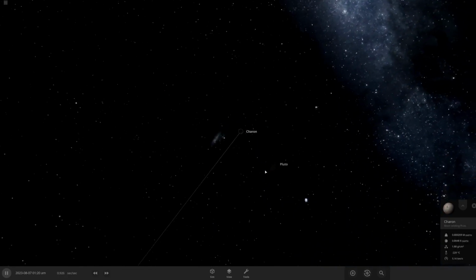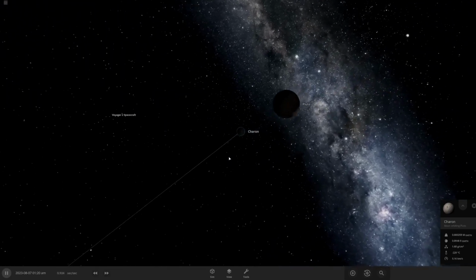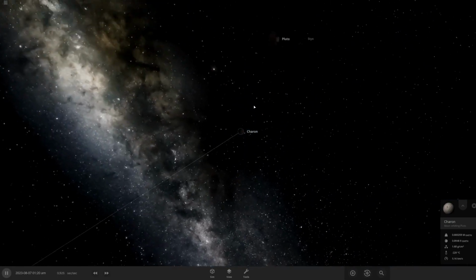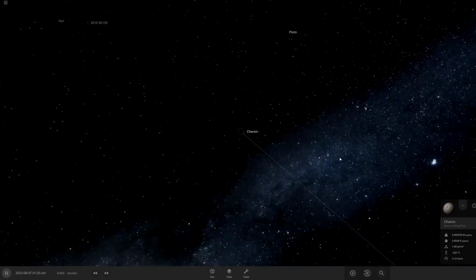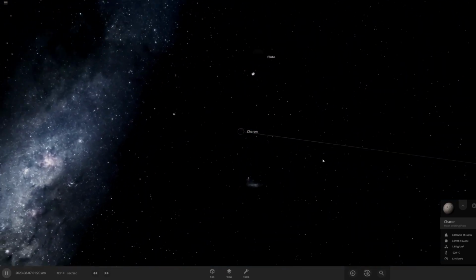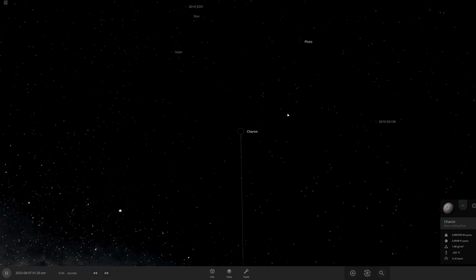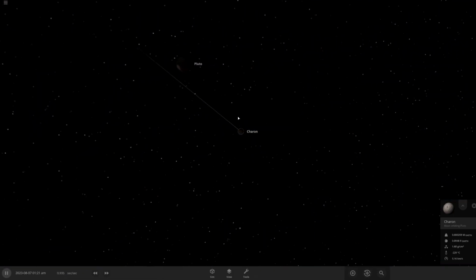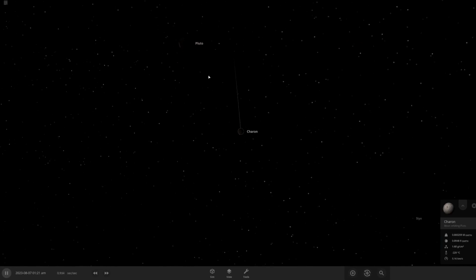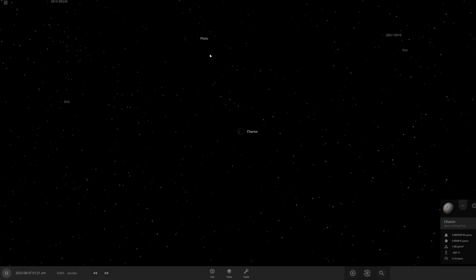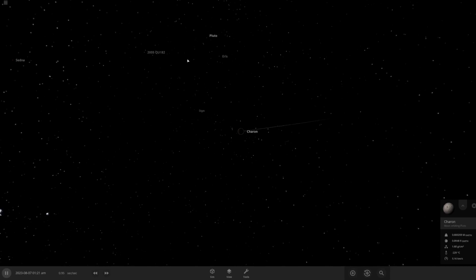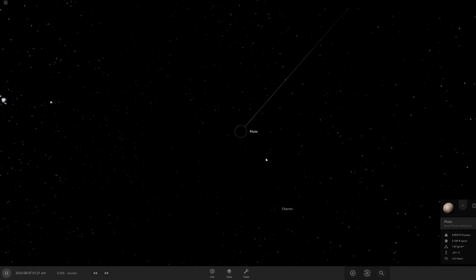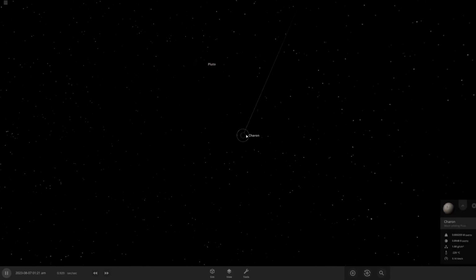Pluto is actually a binary system, as its moon, Charon, is almost as large as it. In fact, Charon is so massive compared to Pluto that Pluto's center of gravity is about 71 miles off of its surface, in between Pluto and Charon.